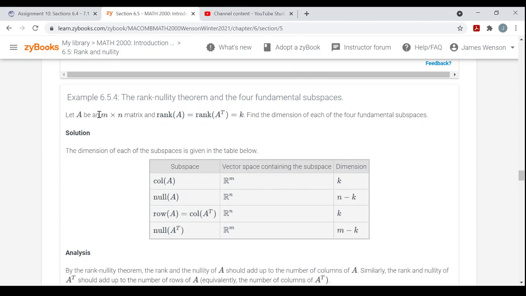The transpose is an n by m matrix, so it would have m columns. If the rank is k, the dimension of the row space, then the null space of the transpose, or the left null space of A, would have m minus k as its dimension. So these all go hand in hand with the rank nullity theorem. Again, I'm hoping you've seen the videos on section 6.4 because I'm not going to go that much into this anymore.